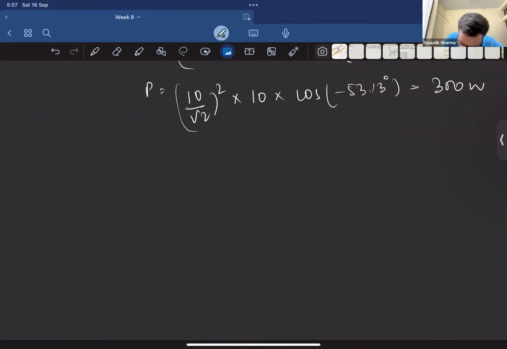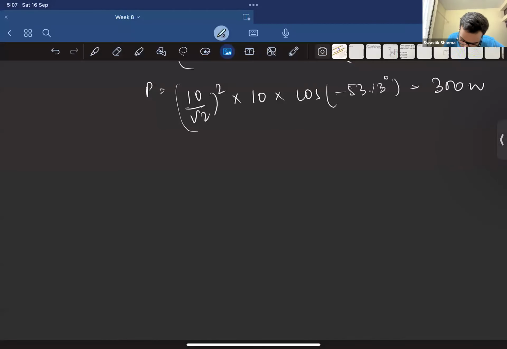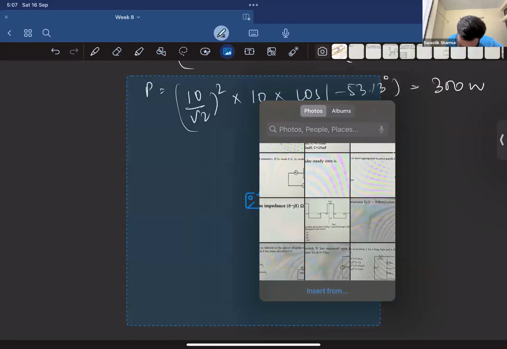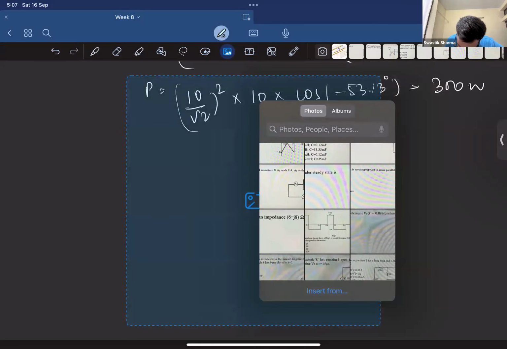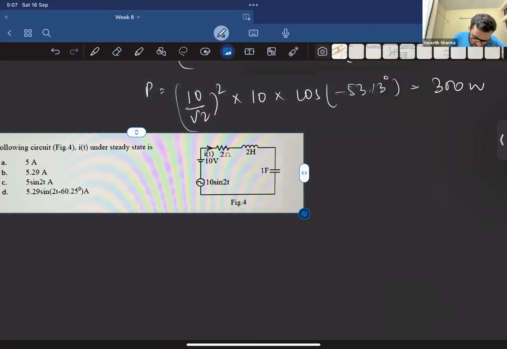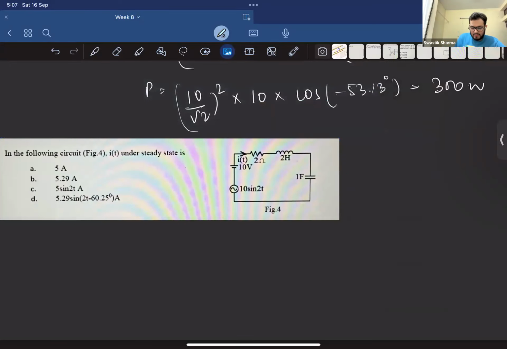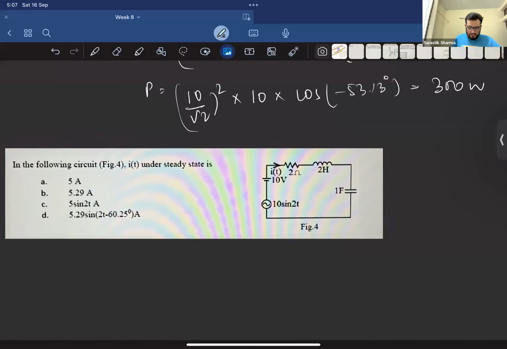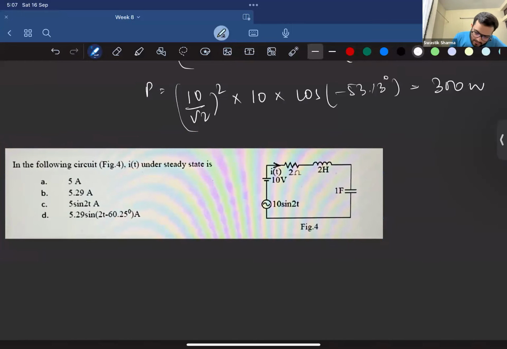Let's quickly go to the next question. Let's see this circuit. This is a very good question, so I wanted to discuss it. It's asking what's going to happen to this whole circuit under steady state. Now, the answers are incorrect.